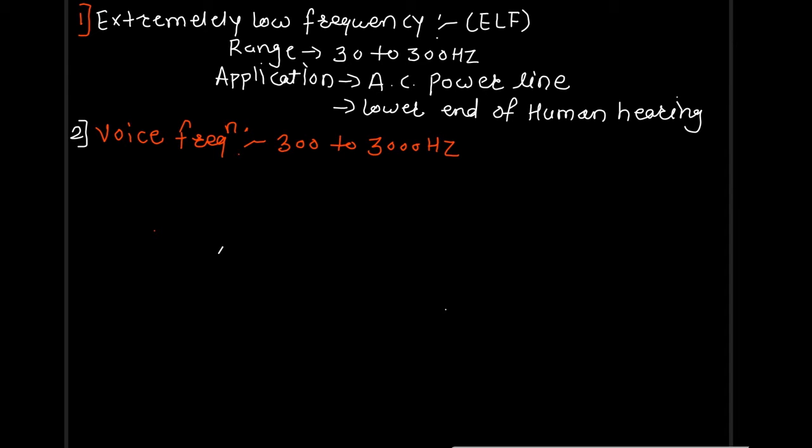This is the normal range of human speech. Remember that this is the normal range for human speech. Even though human hearing extends from approximately 20 to 20,000 Hz, most intelligible sound occurs in the VF range.